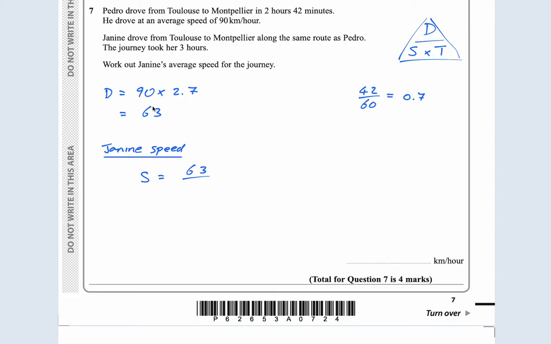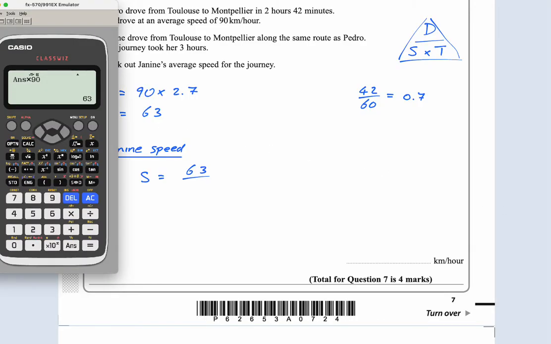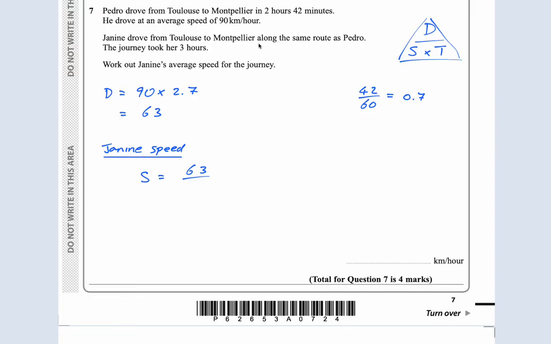Hang on, guys, why have I said it's 63? That makes no sense. Oh, because I did 0.7. Okay, that's my mistake. 90 times, well done if you spotted it, 2.7 is 243. Okay, let's erase this. 243. So this is 243.